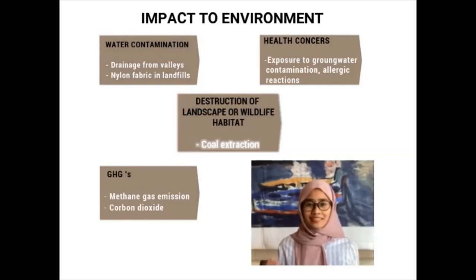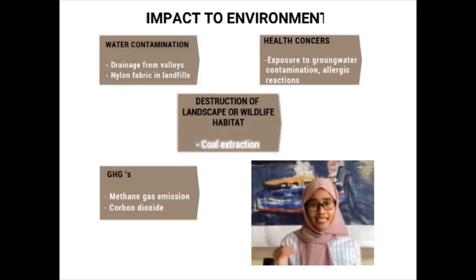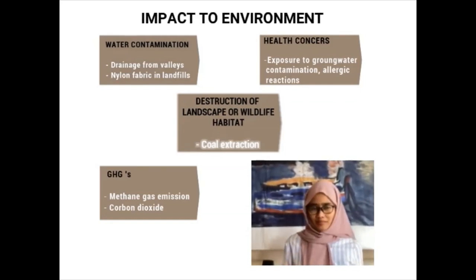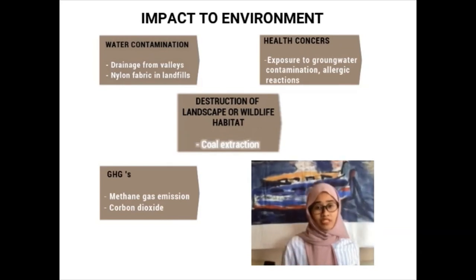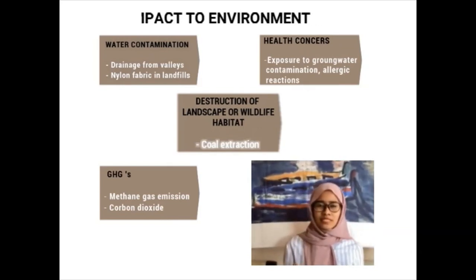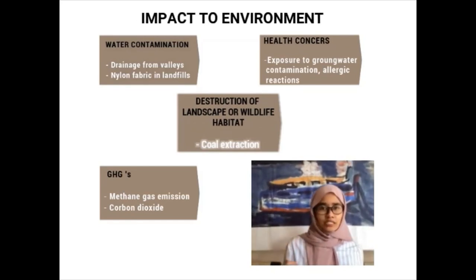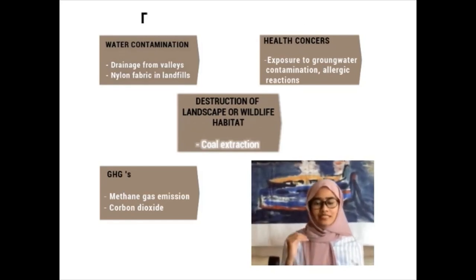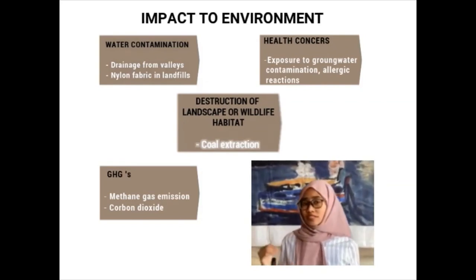Whatever product in this world, everything has an impact on the environment at least. Umbrella is no exception. There are four main impacts on the environment because of the manufacture of umbrellas. The first one is the greenhouse gases released because of the acquisition of the raw materials, such as methane, and also the carbon dioxide emission because of the transportation.